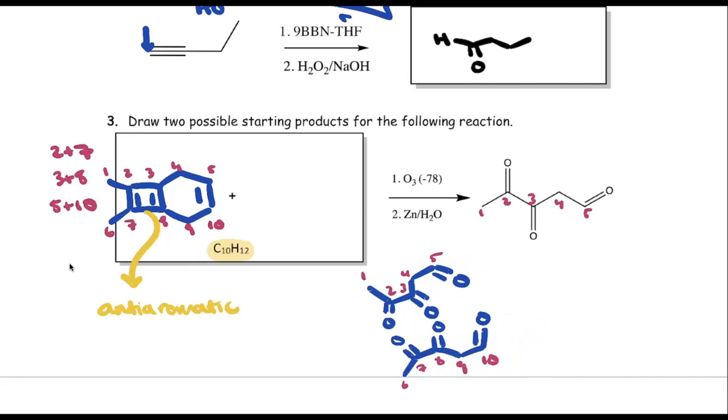I can put 2 and 5 together. Then I'll put the other equivalent, 7 and 10 together. And then I'll put 3 and 8 together. So you know that putting 2 and 5 together will make a 4-membered ring.